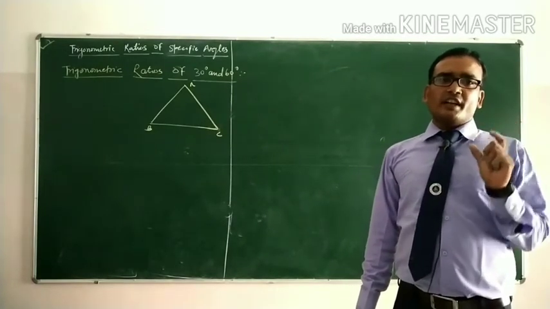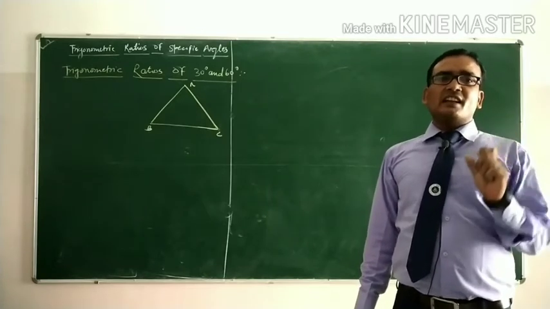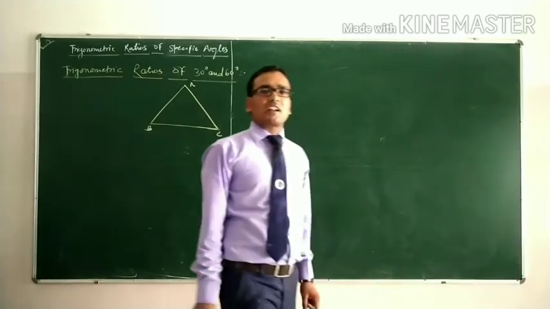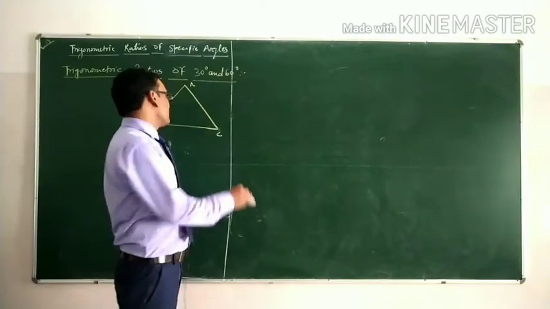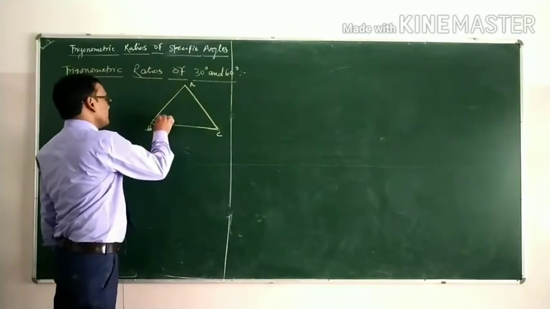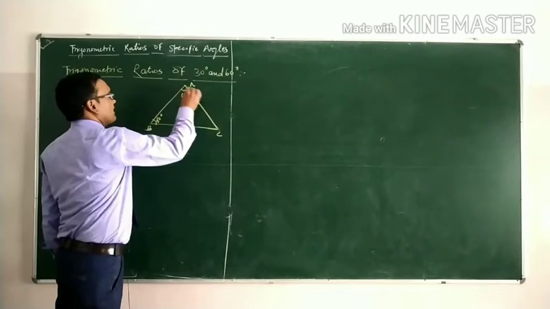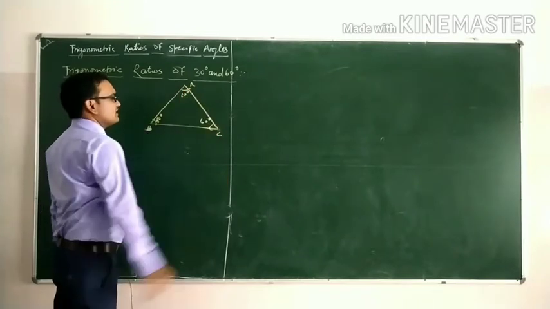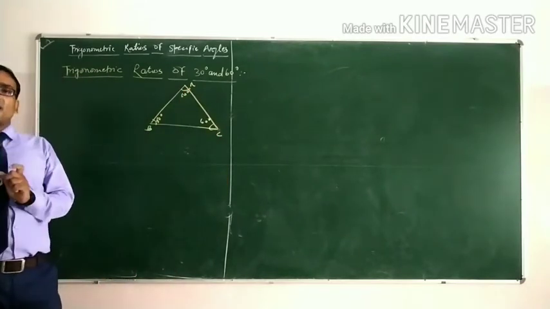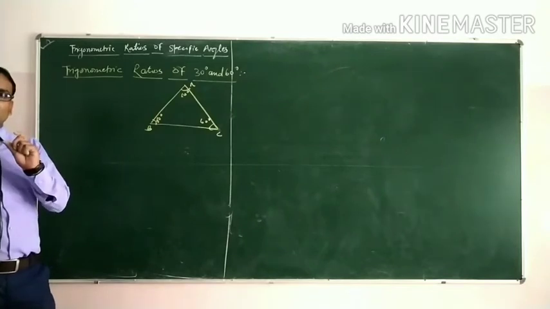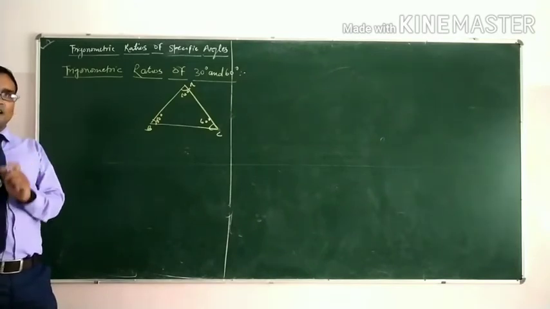We know that each interior angle of an equilateral triangle is 60 degrees. That means angle B, angle C and angle A, each angle is 60 degree.